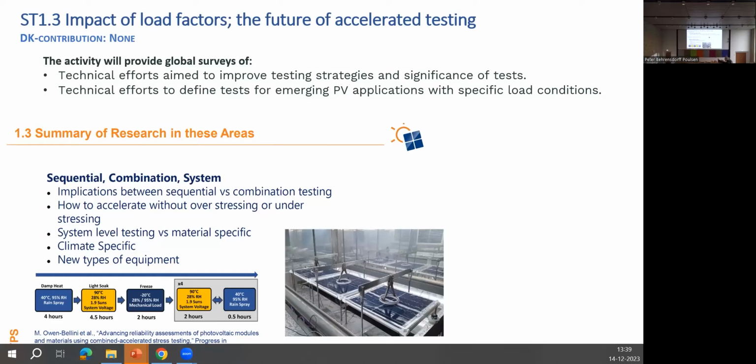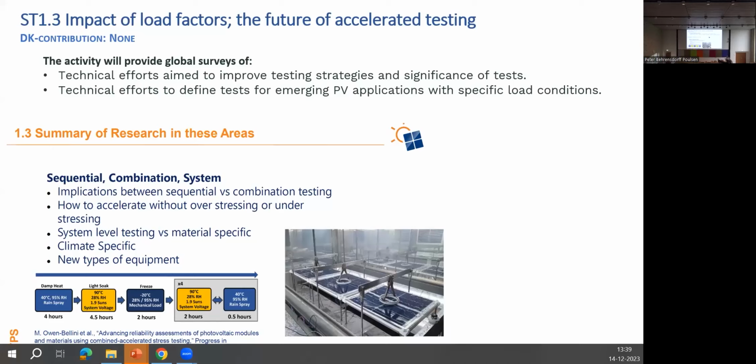So maybe you should consider if you need the same kind of stress test of a module to be deployed in the desert as in the rainforest or in an Arctic environment. And if you have ambition to install it in the Arctic, what kind of stress tests should you apply on the module to make sure it's actually suited for that application?